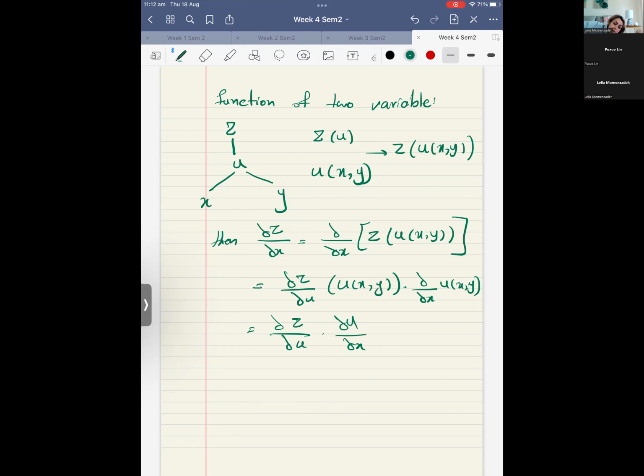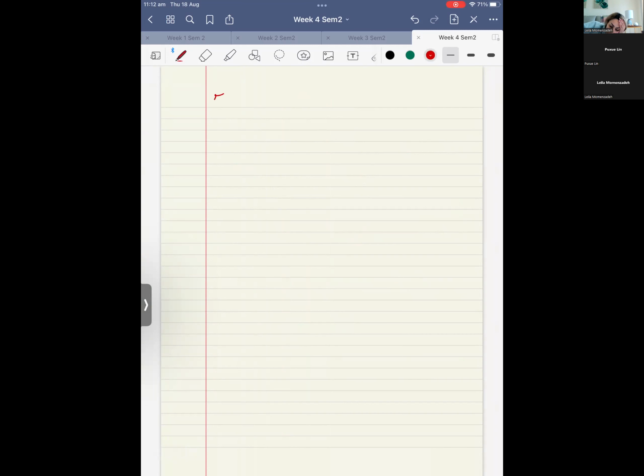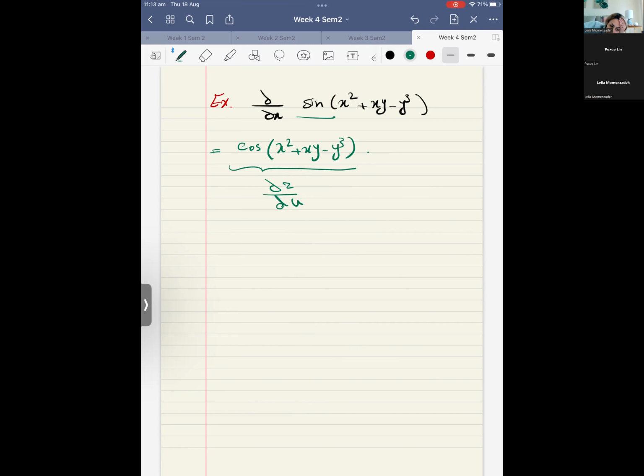For example, z = sin(x² + xy − y³). I can write this as ∂z/∂u, the derivative of sine, which is cosine(x² + xy − y³), times ∂u/∂x.